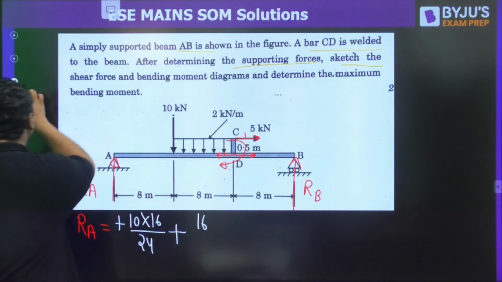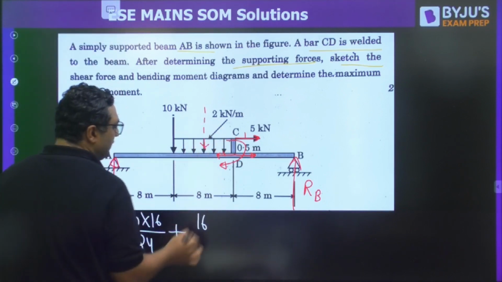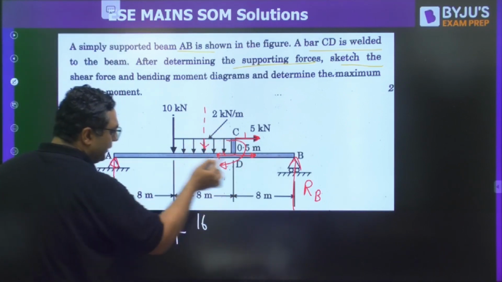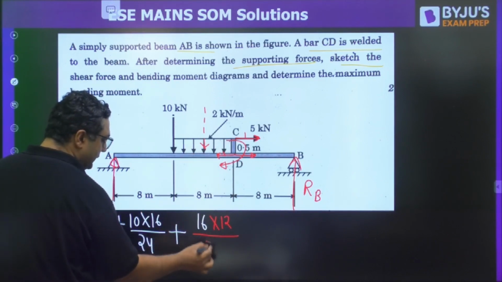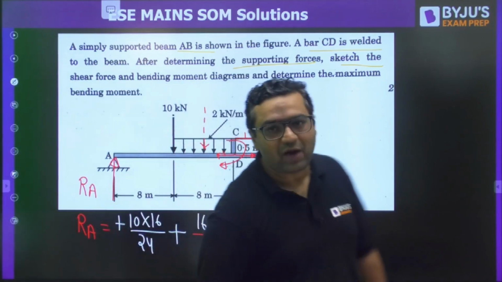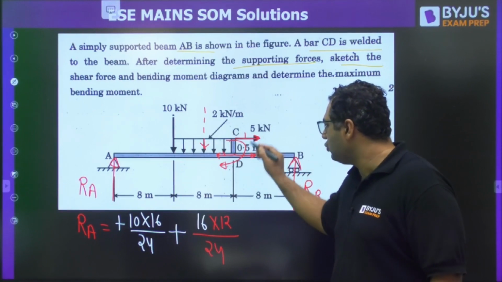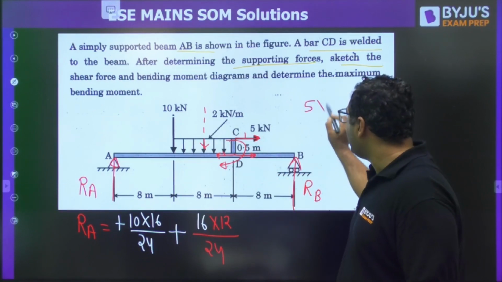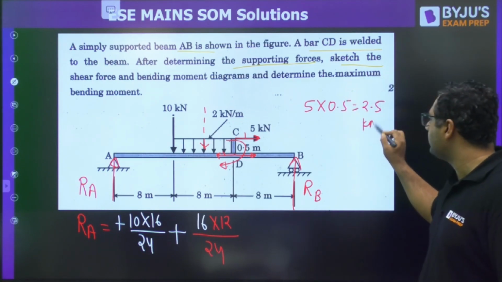And UDL is generally considered at its midpoint. So the distance will be 8 plus 4. The opposite end distance will be 12. Total length is 24. Then this moment, my dear, the moment is 5 into 2 into 0.5, which is 2.5 kilonewton meter.